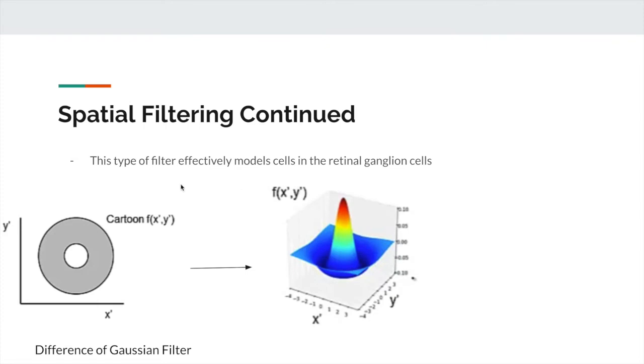So a really popular example of a spatial filtering model is this specific filter called a difference of Gaussian filter. This filter is used prevalently to model cells in the initial layers of your visual processing system, specifically the retinal ganglion cells. These cells are different from what we saw last week with the Hubel and Wiesel experiments.